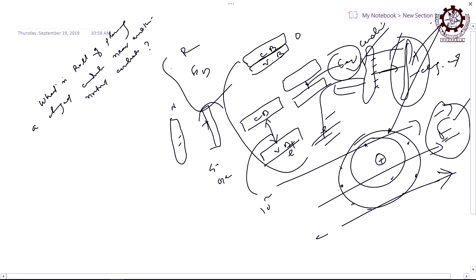But when you place this charged body nearby, what will happen to the motion of those charge carriers? Can it be random or restricted? Without placing the charged body, it is random. Both positive ions and electrons are moving randomly. Electrons move with higher speed, positive ions with less speed, but both are random motion.